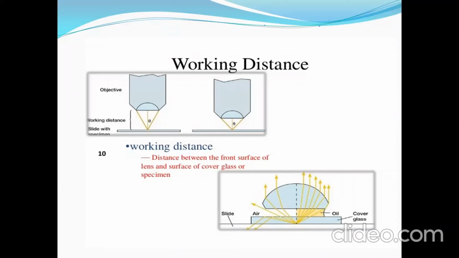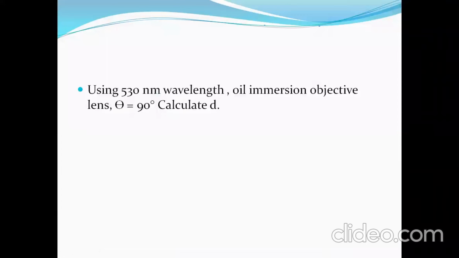And if we use immersion oil, which has a refractive index to some extent similar to glass, meaning the cover slip or the slide we are using, or the lens, then the refractive index of the medium will be increased. So we have to replace the air between the slide and the objective with immersion oil, so that the resolution will be increased. Clear?